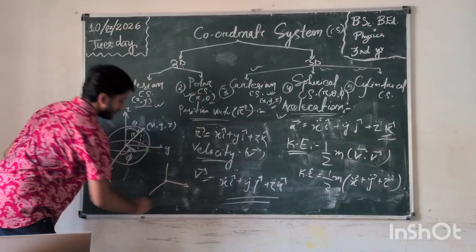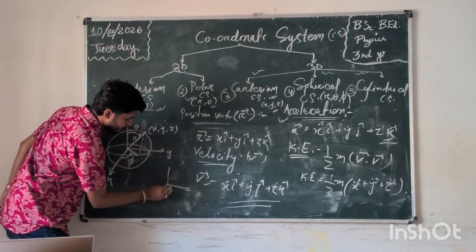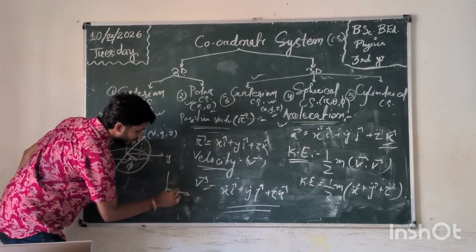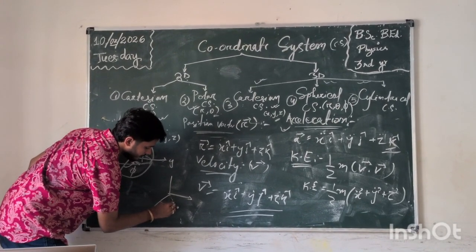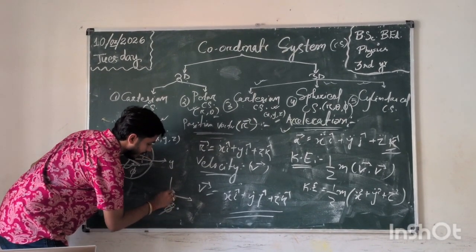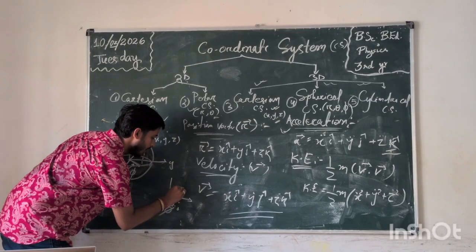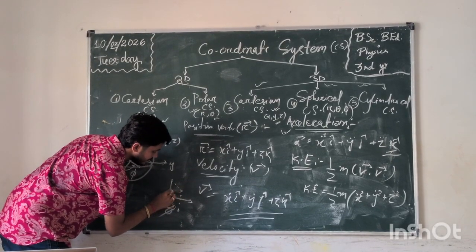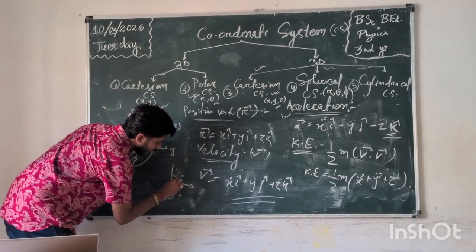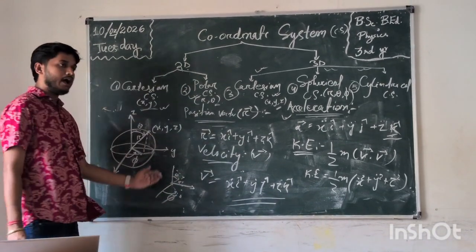Suppose this is from theta. Suppose here I am taking a point from here. It will be like phi, and here the distance is r, and here the theta.